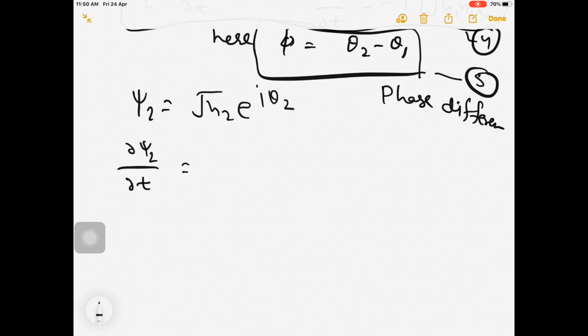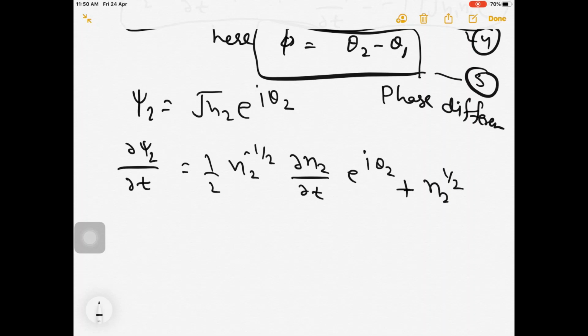Del psi2 is n2 power minus half del n2 divided by del t exponential iota theta 2, plus n2 power 1 by 2 iota del theta 2 divided by del t and exponential iota theta 2.